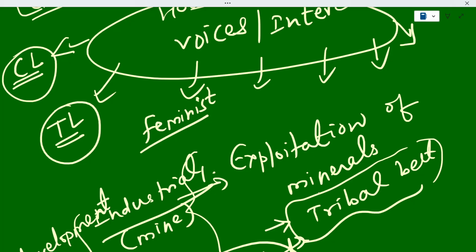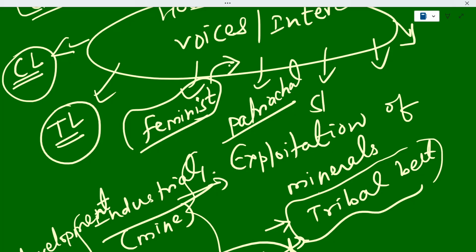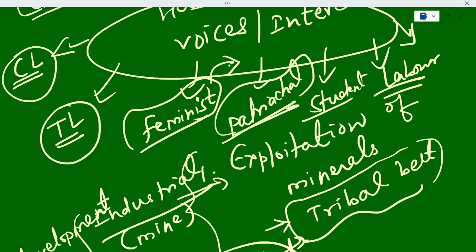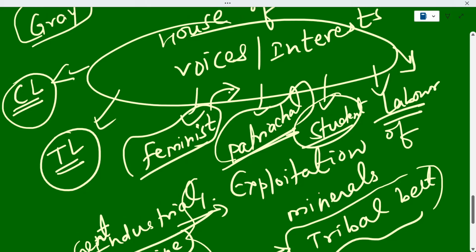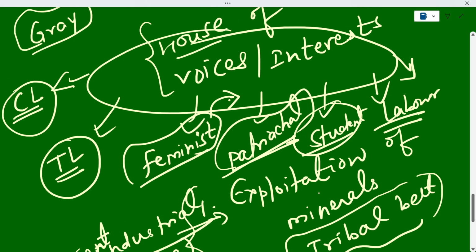And along with that, there will be the contrary, the opposite representatives, those who will be representing the patriarchal norms. Then there will be a student lobby, a labor lobby, and all such groups will be housed in all such voices. They will be housed in this lower house or even the upper house as well.